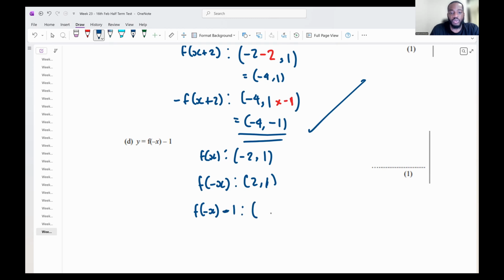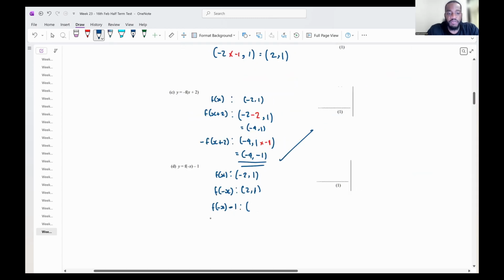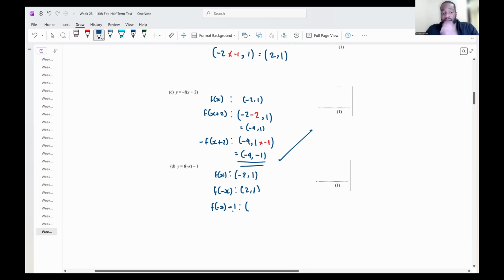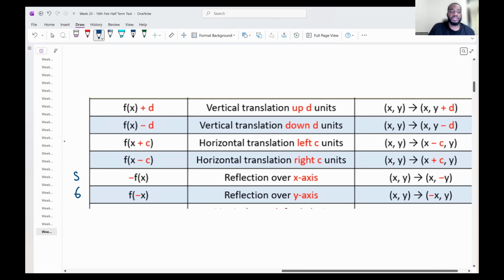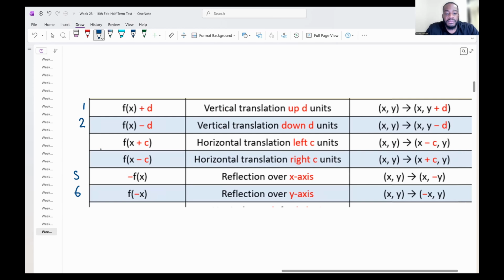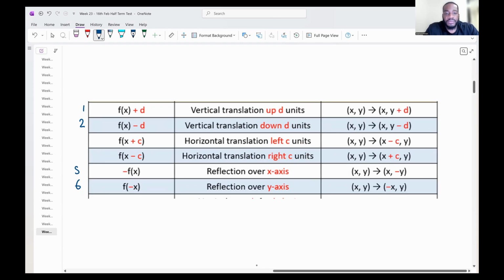What does that do, guys? Which rule is that? The minus 1 is on the outside, so it's either going to be 1 or 2. Which one is it? Exactly, it's 2. What does 2 say? It's a vertical translation down by d units. And what does that do to your y coordinate?